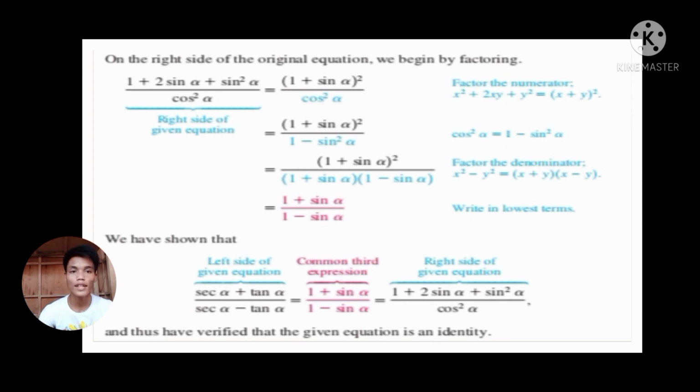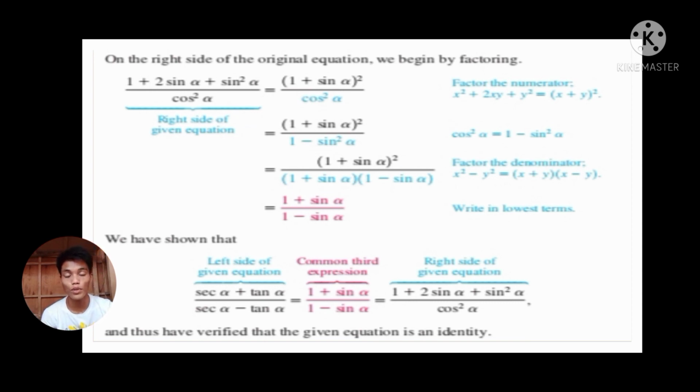Then next, it is equal to 1 plus sine A to the power of 2 over 1 minus sine to the power of 2A. So cosine to the power of 2A is equal to 1 minus sine to the power of 2A. That is why we have a 1 minus sine to the power of 2 here.